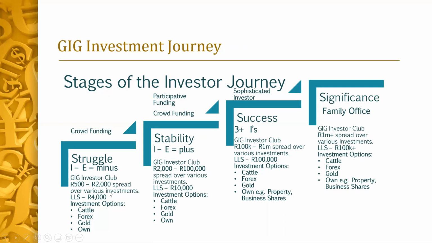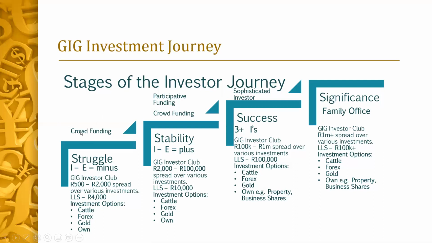And in the process, we also encourage you to grow your loan link share deposits to at least 4,000, so that after a year, you can borrow up to 3 times against this money, which will give you 12,000. And then over time, you will have access to various investment opportunities like cattle, forex, gold, and other opportunities, which we will talk about more.